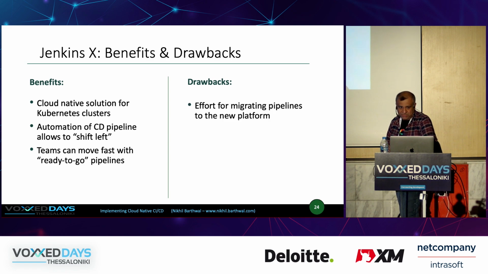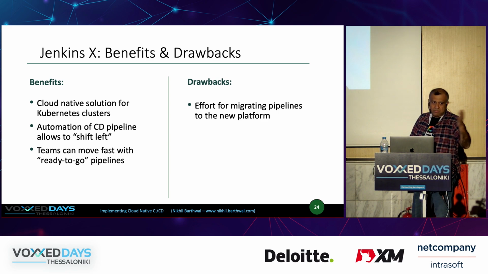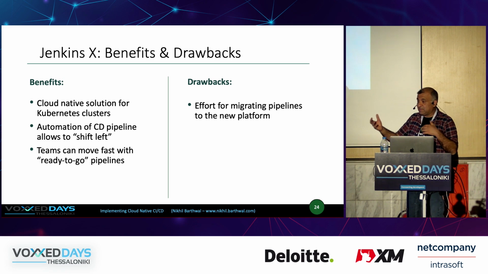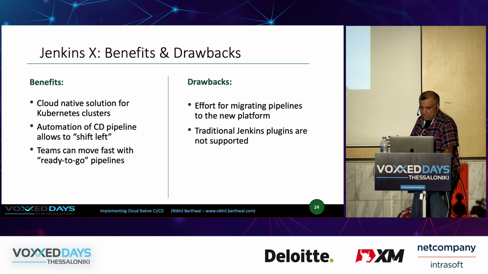So what are the drawbacks for Jenkins X? To start with, if you're using existing Jenkins, right, it takes effort to migrate pipelines to a new platform because, like I said, they share spiritually the same thing, but their actual implementation is wildly different. And traditional Jenkins plugins don't actually work here.